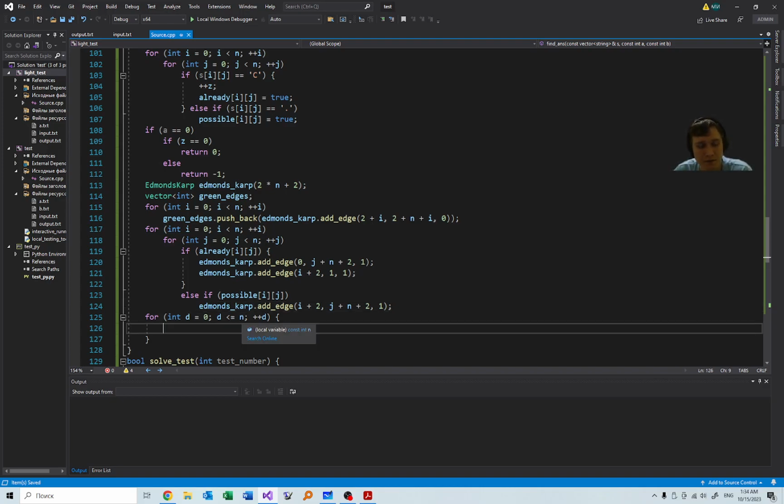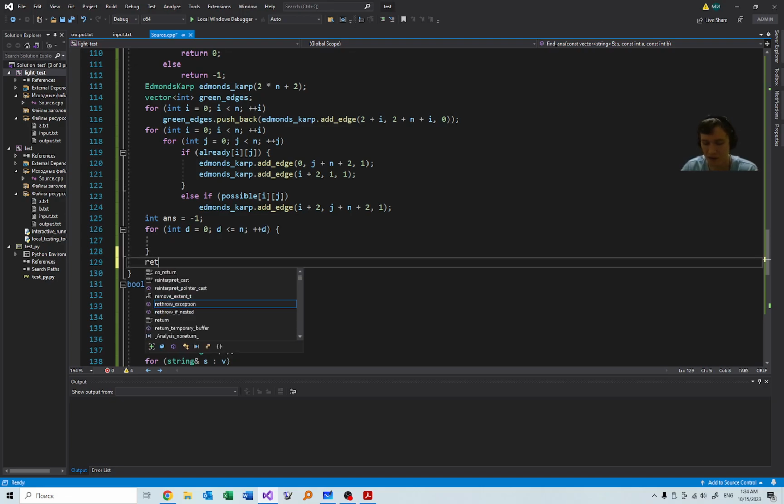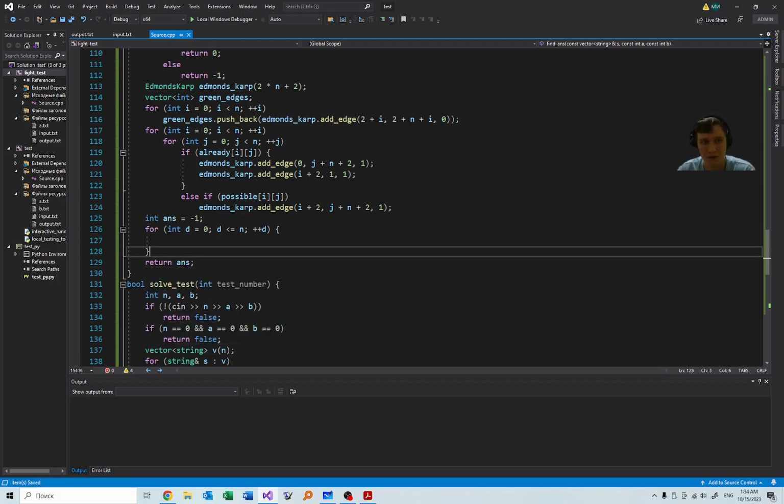What a nice problem. So what do we do here? First of all, we go through. Actually, I also want to say that int ans equals -1 and return ans. So here, what do I do? First of all, I need to go through all edges.